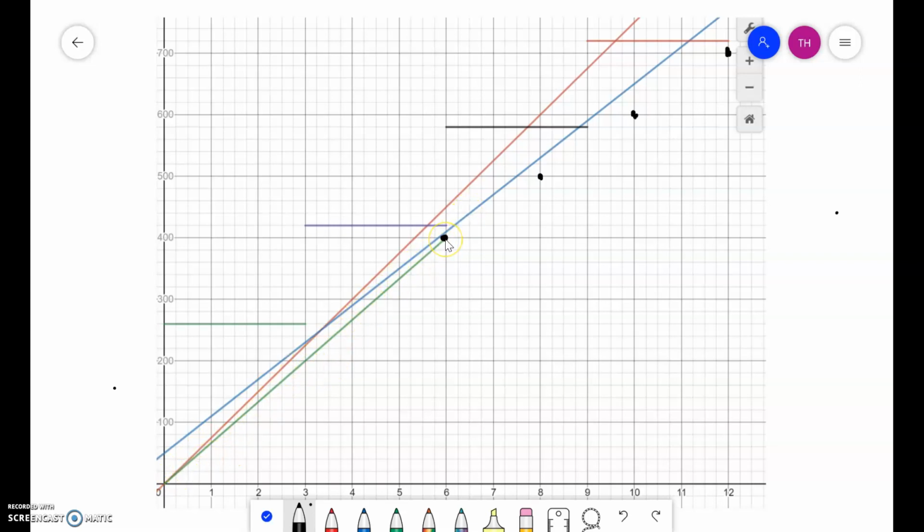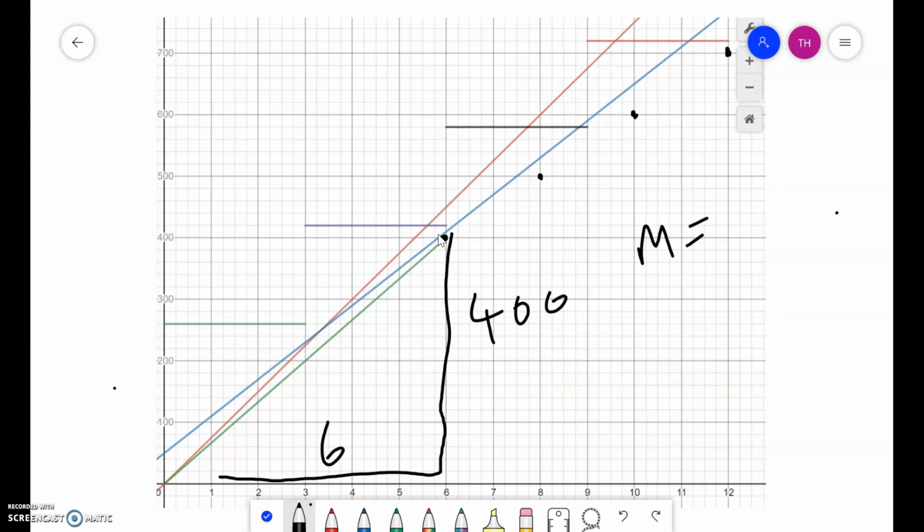I've gone up to 6 months and stopped, keeping it pretty close to the other graphs. The gradient of this graph is going up by 400 and across by 6, so my gradient is equal to 400 over 6. And the y-intercept is 0, so that's an easy first part.